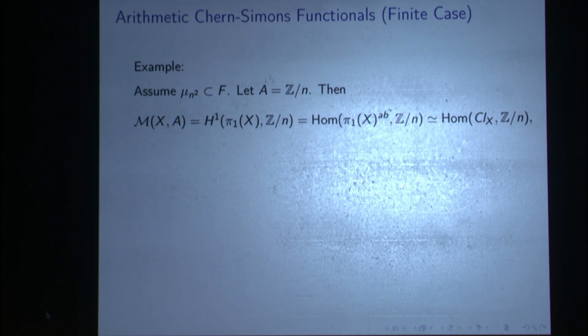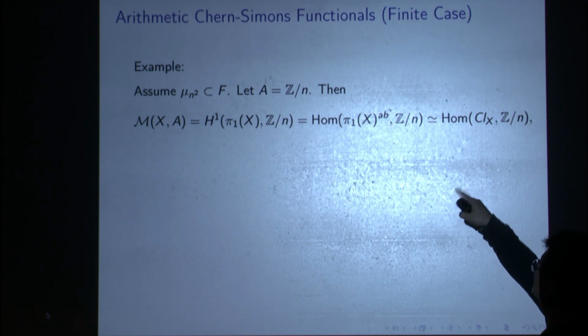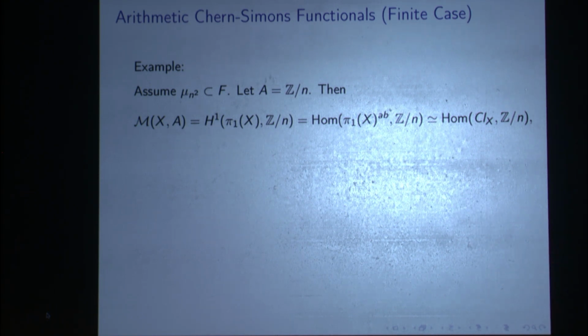And we'll just take A to be Z mod n. In that case, remember, the pi1 action I'm now considering is trivial. So H1 just becomes homomorphisms. This moduli space can be viewed as the space of homomorphisms, and because the target is abelian, it just factors through the abelianization of pi1.